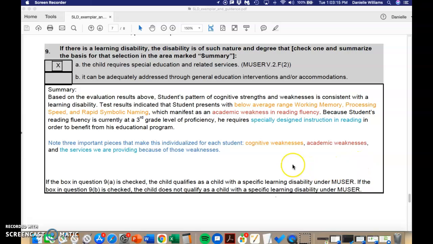The 3 pieces of information that you want to make sure are included in that statement will be the cognitive weaknesses, the academic weaknesses, and what are we doing to support the student for a student who qualifies.